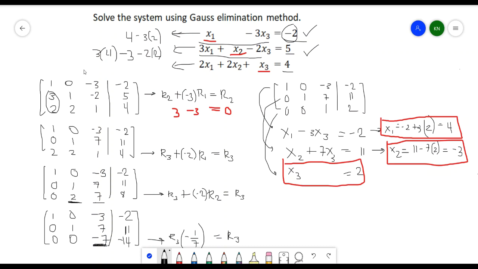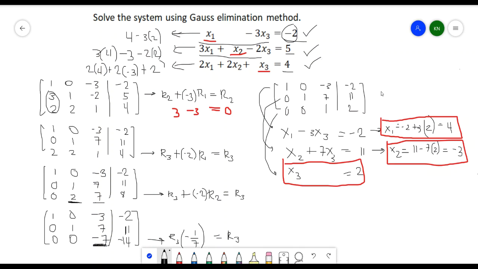For the last one, we have 2 and then x sub 1 is equivalent to 4, plus our 2 and our x sub 2, which is negative 3, plus our x sub 3, which is 2. So 8 plus negative 6, so we have 2 plus 2, that is 4.